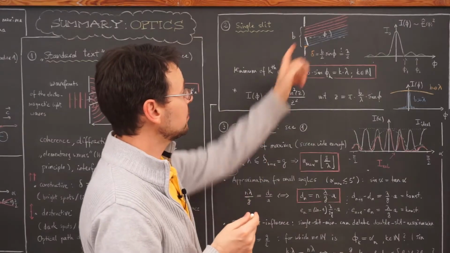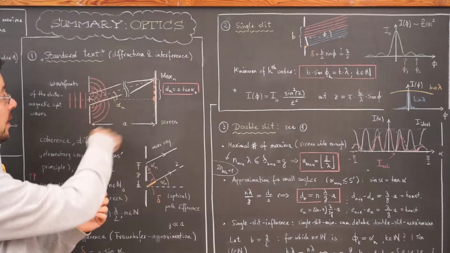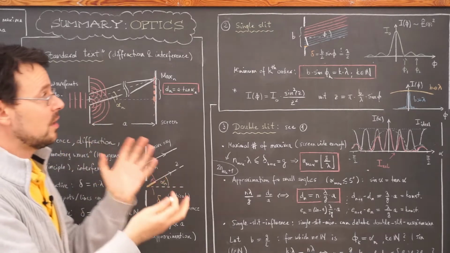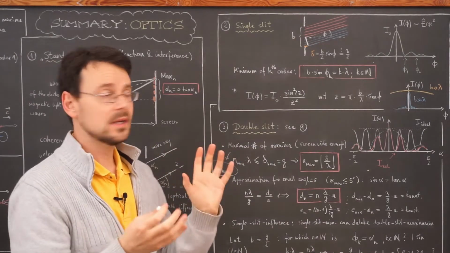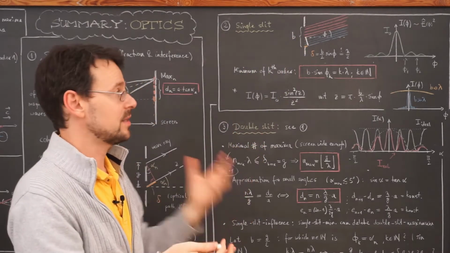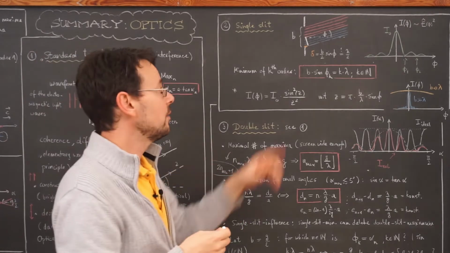To explain this, we assume that from every point of the single slit, such elementary waves emanate, Huygens principle, which again makes no sense at all physically, because here inside the slit there is nothing to emit light. But as I said before, it yields the right results mathematically, so we use it.